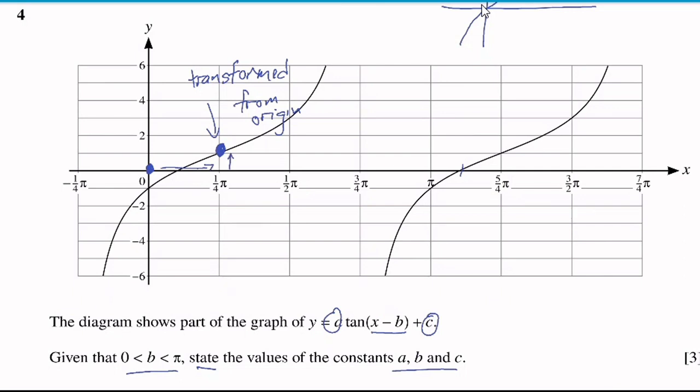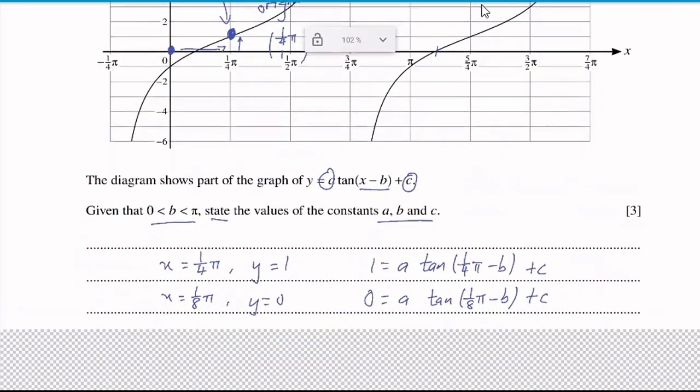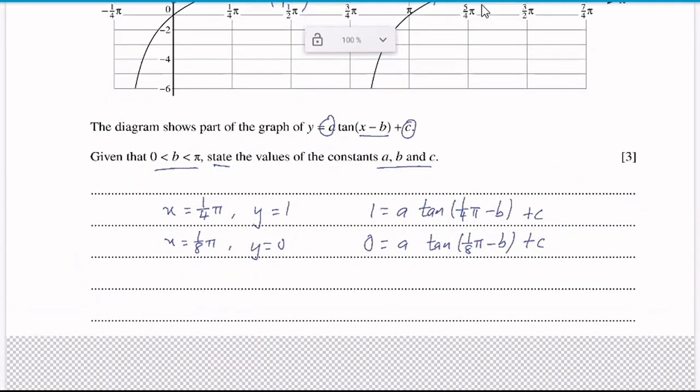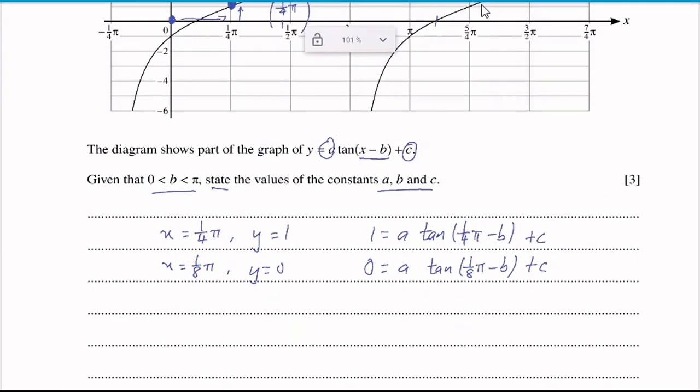So we suspect that the translation being done here is 1/4 pi, and then we have got a 1. If this is the transformation, then the function we have here is tangent x.